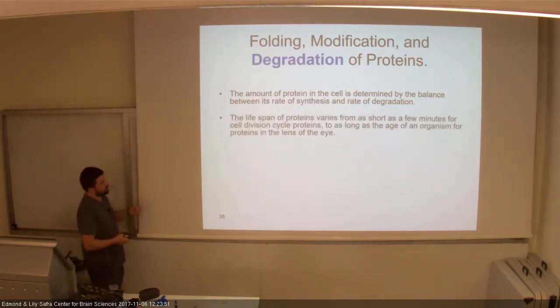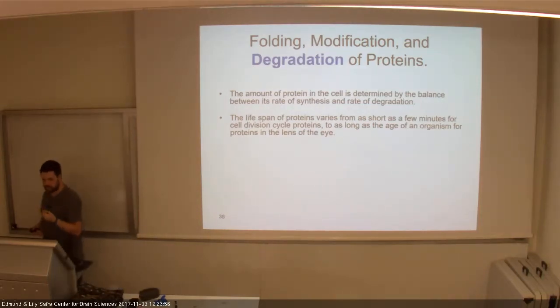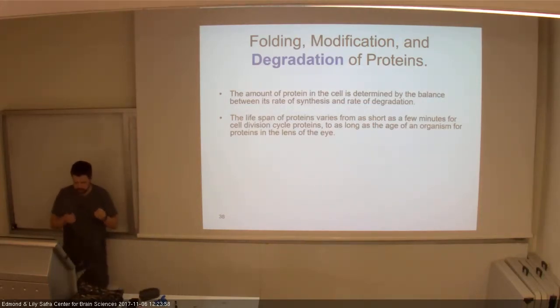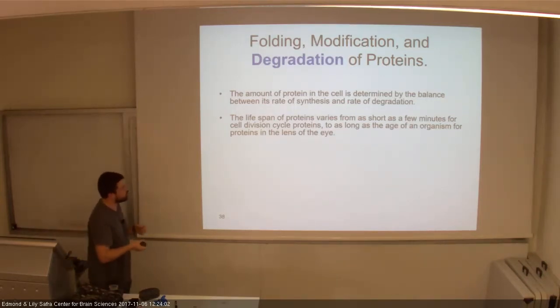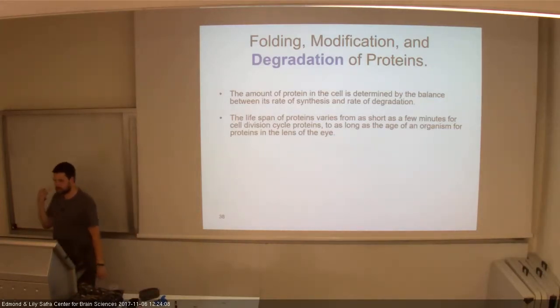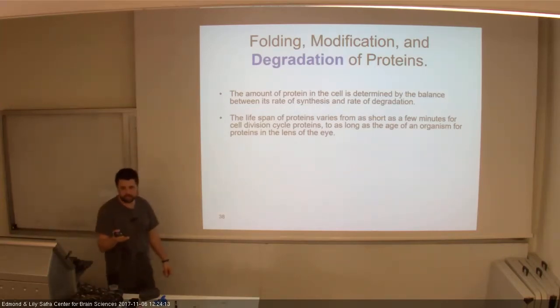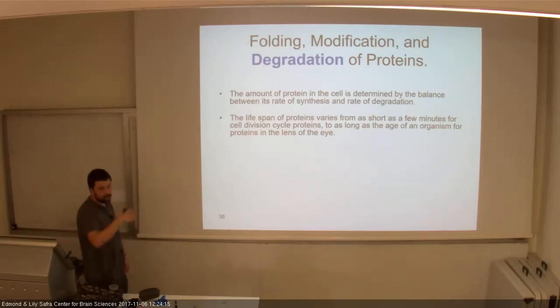And there's a huge variability in the lifespan of different proteins. There are proteins whose lifespan is a few minutes, and there are proteins like the opsins in our eyes, the proteins that can detect light, that can survive the lifespan of our life. Okay, we can be 80 years with the same protein in our eyes.